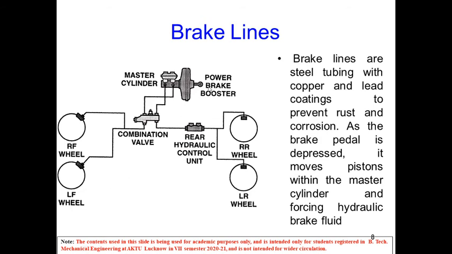Here the power brake booster, which we'll discuss in power brake, basically boosts the force that is applied over the master cylinder. And there are the combination valve, rear hydraulic control unit, and rear wheels. These are two wheels, right wheel and left wheel on the rear side, and right wheel and left wheel on the front side.